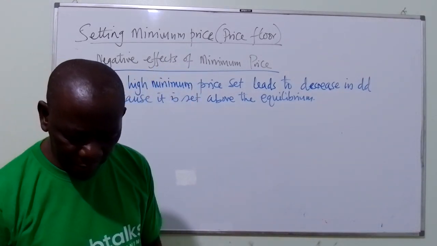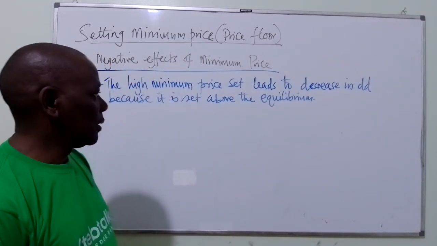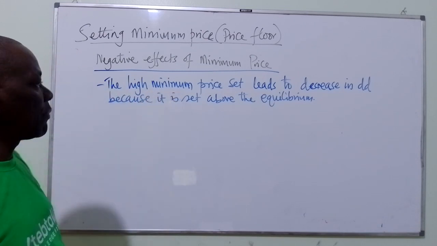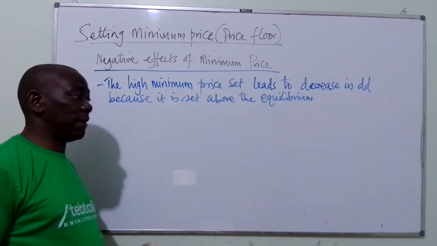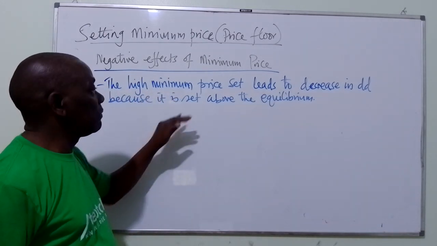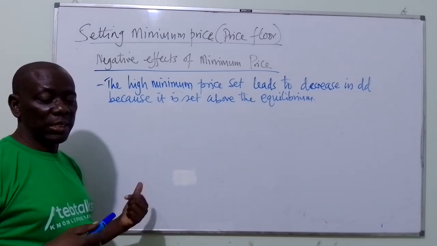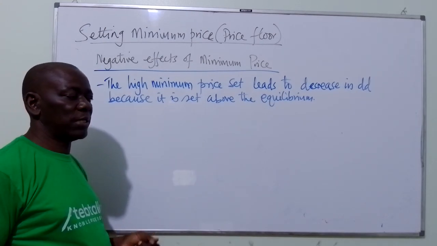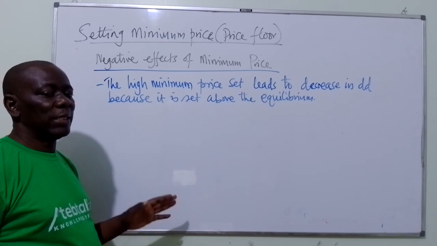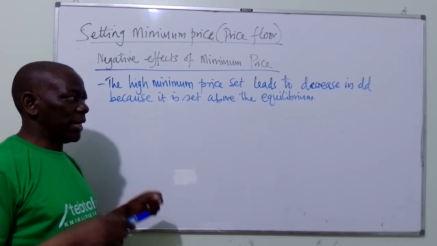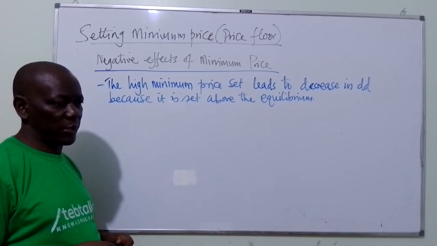Because it is set above the equilibrium. So the high minimum price, we have said it is set above the equilibrium. So that means it will lead to decrease in demand, and we have already looked at that the demand is less. It has reduced because of the high price.